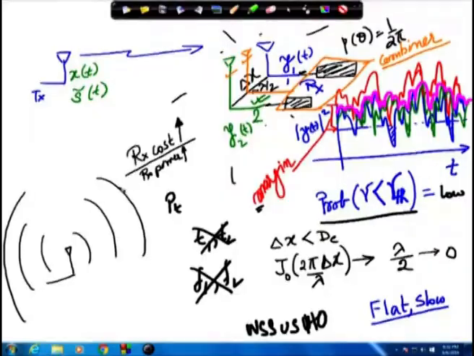The receive antenna has a certain size. If I put one more antenna, it is capturing a little bit more of the surface area. If I put another antenna, it is capturing a little bit more of the surface area. So, I am capturing more energy. Now, when I do this, I have to combine the signals in such a way that I can take advantage of it. This is an intuitive rough explanation of what is happening.